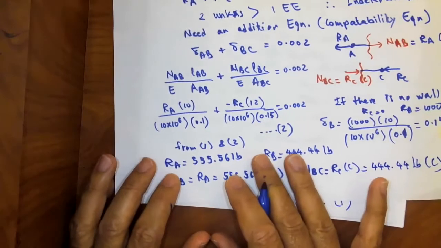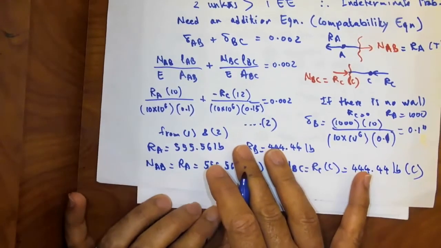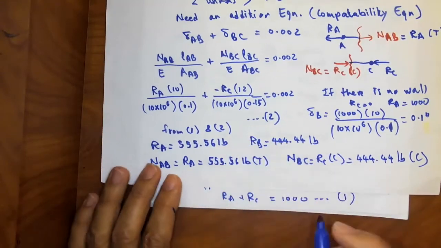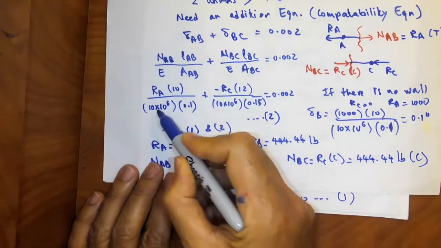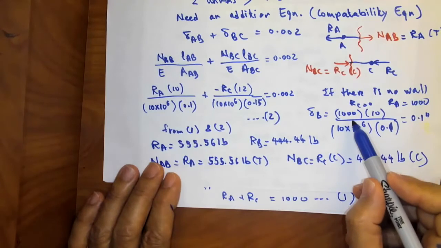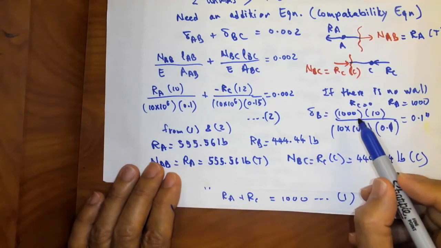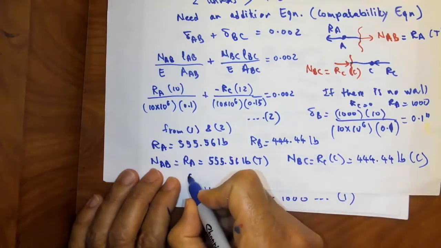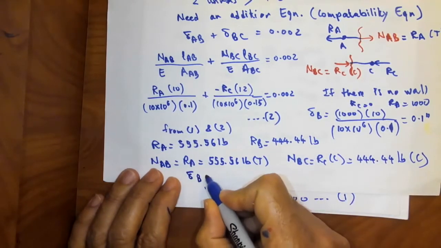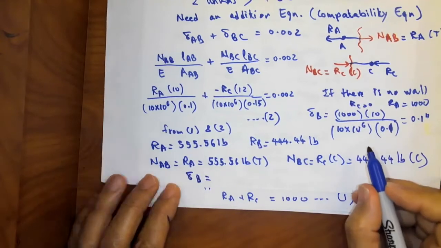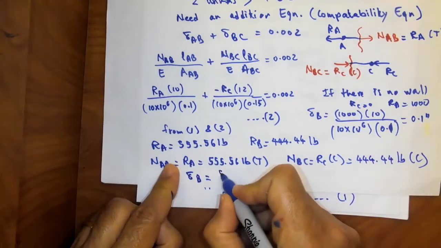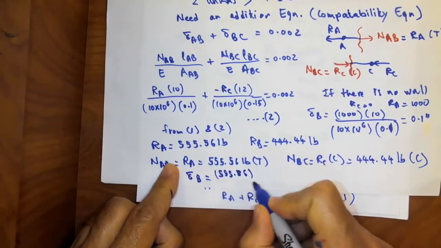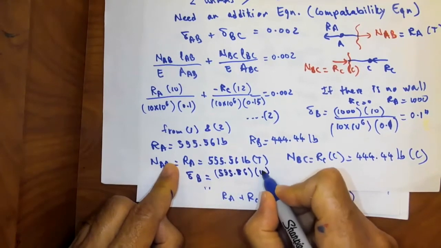The other thing we were asked to solve for was how much B is going to displace. I already have an equation here for delta B that we used with 1,000. But now we know that if C is hitting the wall, delta B is going to have to use the correct NAB, which is 555.56 multiplied by 10.